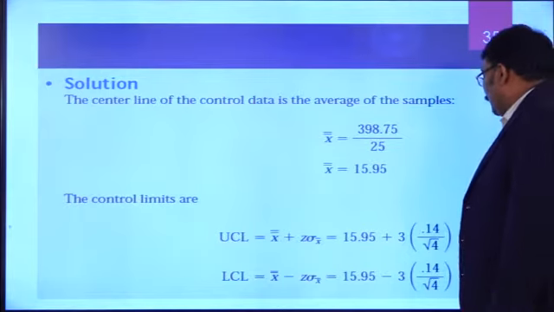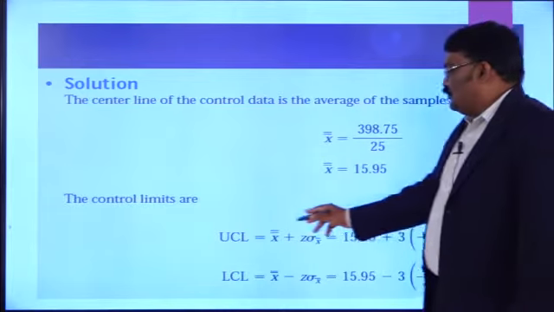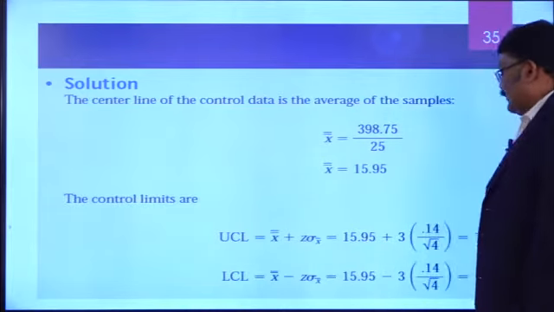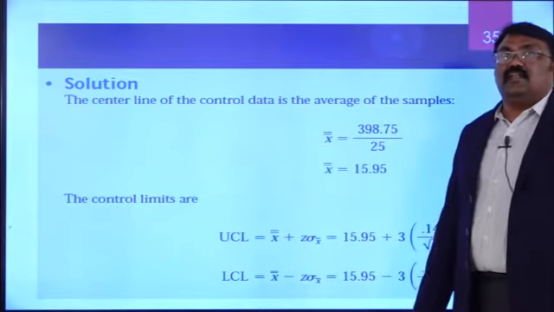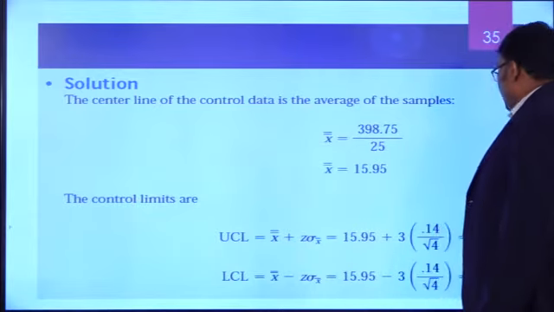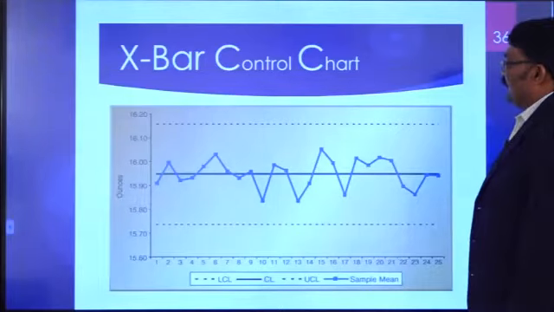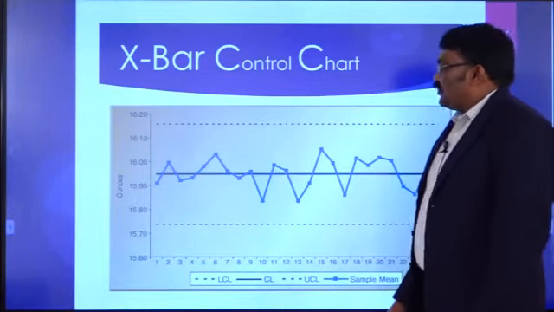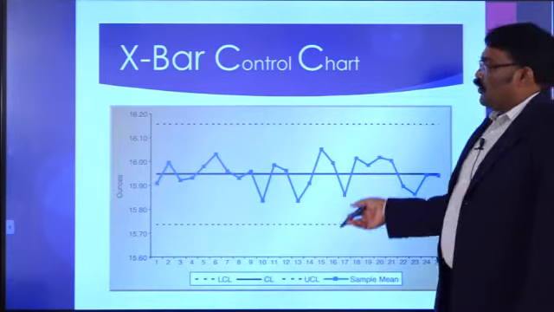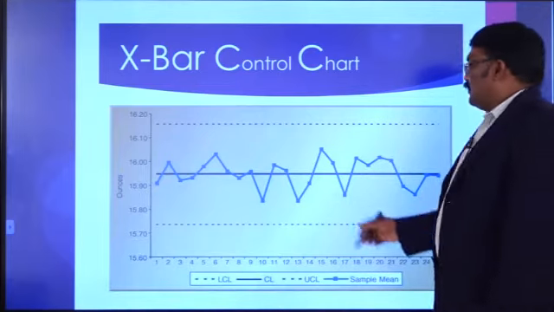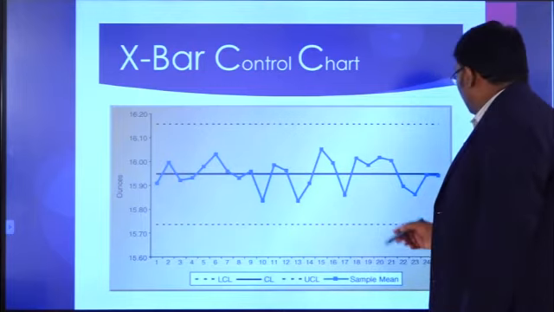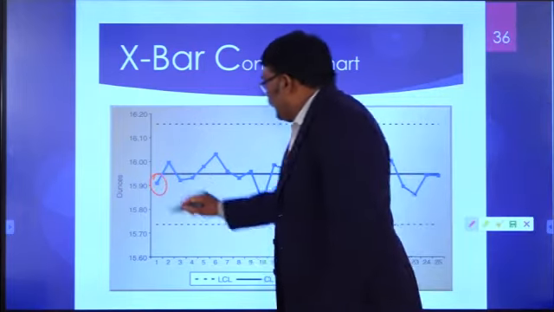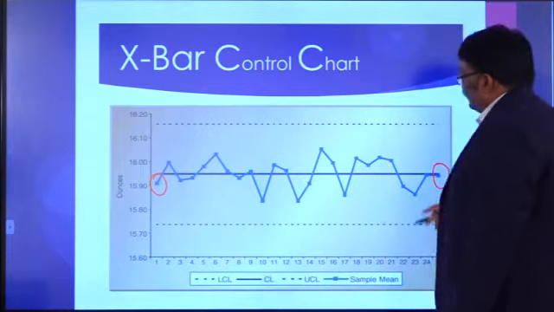Which gives 16.16 for UCL and 15.74 in case of LCL. These values are plotted in the graph. Once plotted, you would find the 25 samples from here: the first sample is here and the 25th sample is here.